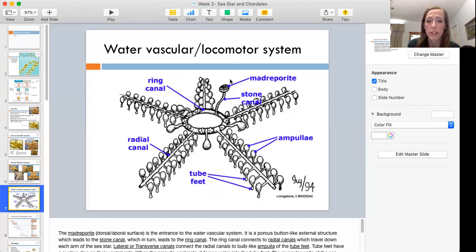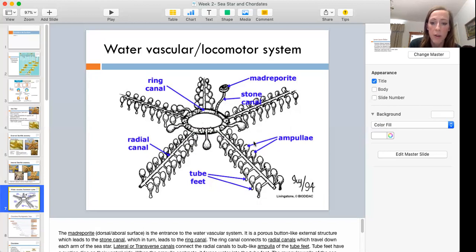So like I said, water will enter the Madriporite, travel through the stone canal, around the ring canal, out into each of the arms through the radial canals, and then between the radial canals and the tube feet, there is a very short lateral canal.